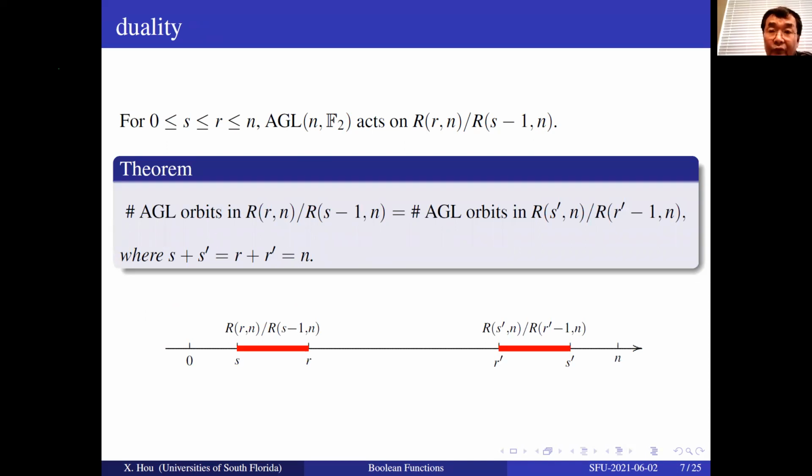For example, if you look at, say, the rth order modulo the (r-1)th order, then you will be talking about homogeneous Boolean functions, correct? So if you can determine the number of orbits, then you will be able to tell the number of equivalence classes for homogeneous Boolean functions of a certain degree.